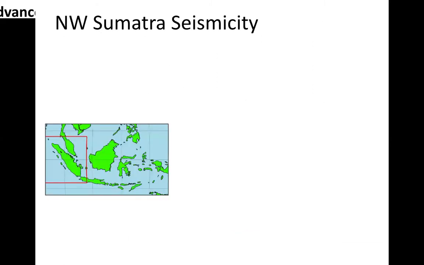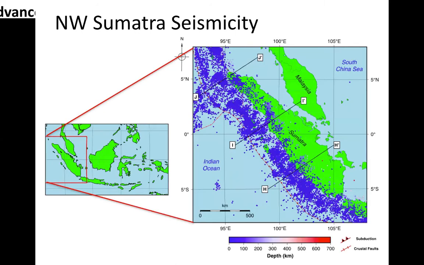So if we keep moving to the northwest into Sumatra, we continue to see this trend, how basically above about 3 degrees south, deeper earthquakes become non-existent, and intermediate earthquakes become less frequent.